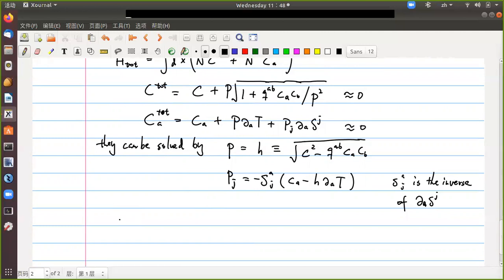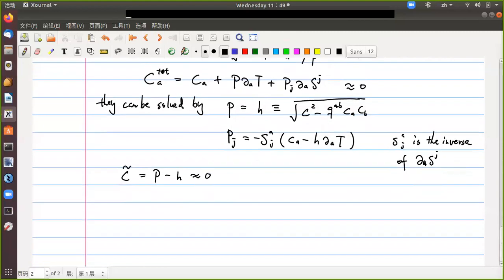I can define an equivalent constraint C tilde equals P minus H, which is again equal to 0 on the constraint surface, because this is the solution of the constraint, and C tilde j equals Pj plus Saj. Again, this is the equivalent constraint.